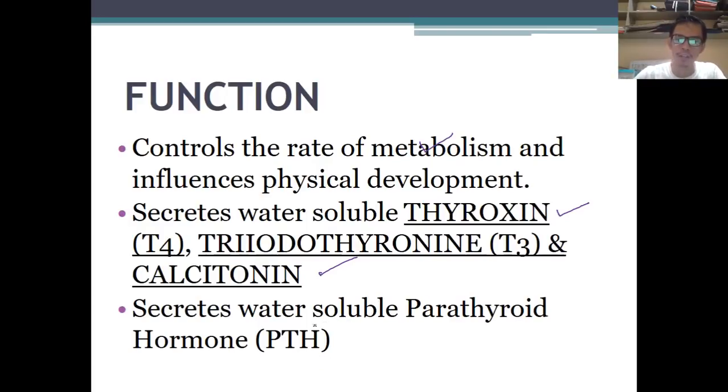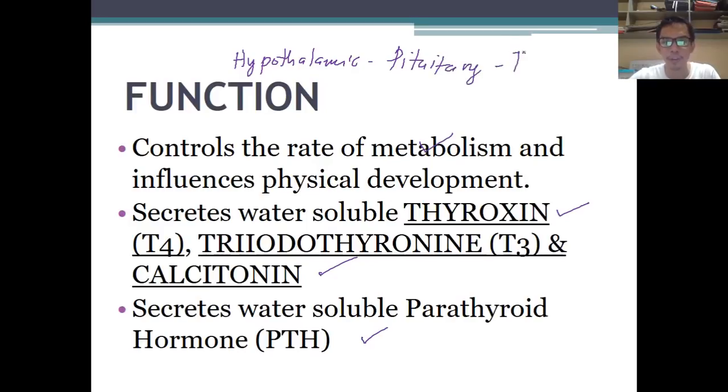The parathyroid gland secretes the parathyroid hormone, and it is a water-soluble hormone. Now you should remember that the thyroid gland follows the pattern of the hypothalamic-pituitary-thyroid axis.